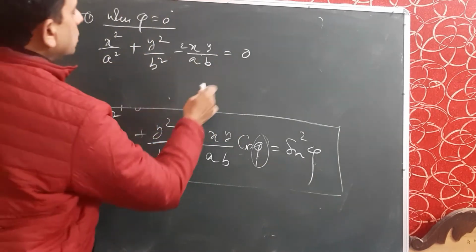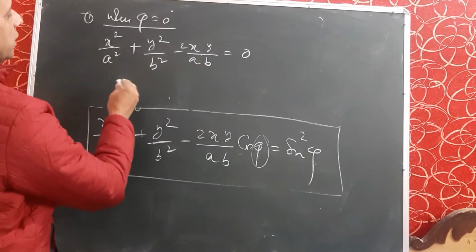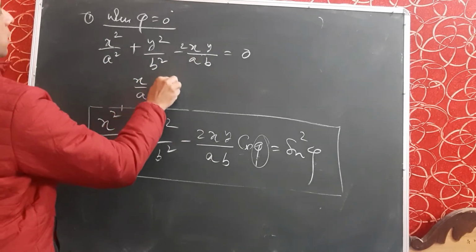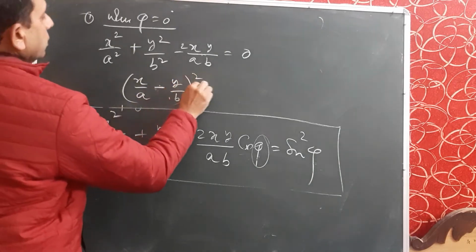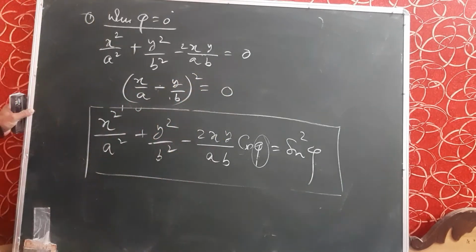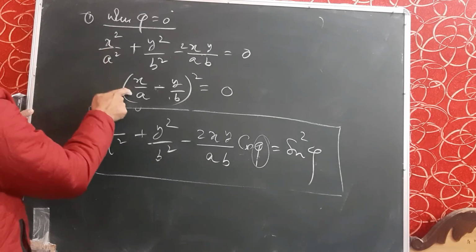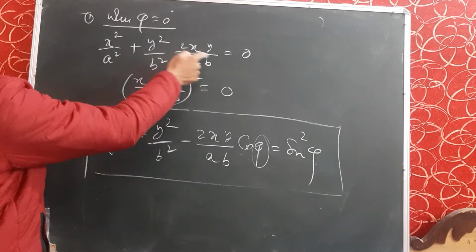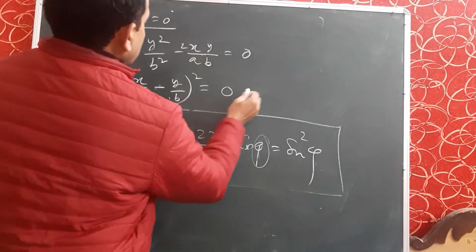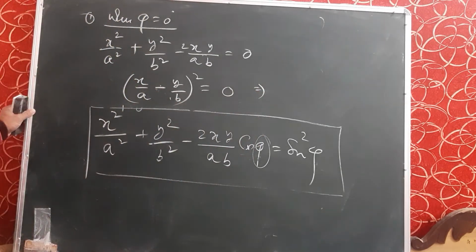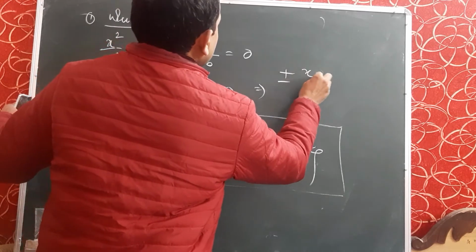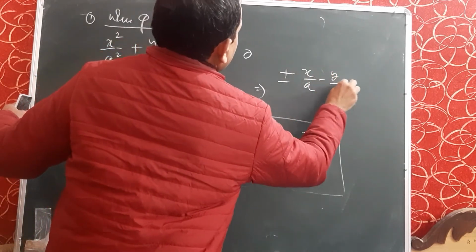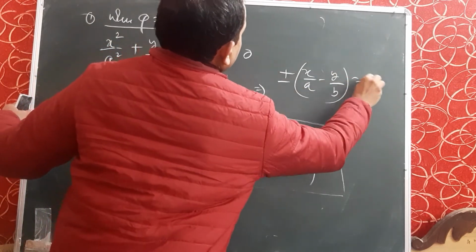So, this equation is the complete square of x upon a minus y upon b, whole square, is equal to 0. This is of the form first minus second, a minus b whole square. Or if we take the square root on both sides, we will get 2 types of answer, plus minus, x upon a minus y upon b is equal to 0.